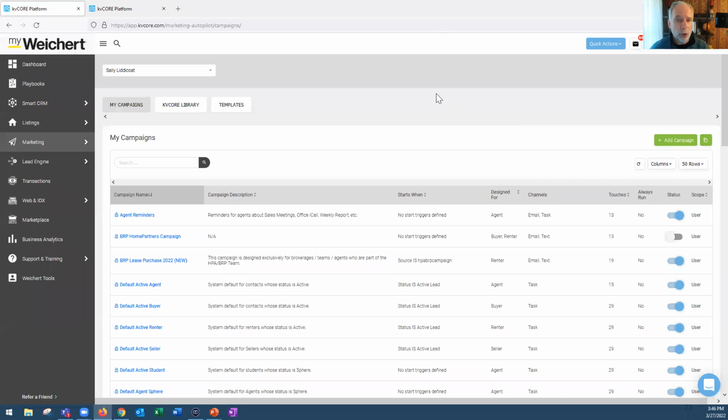So first thing we're going to do is log into the KvCore and look at the smart campaigns. As you can see, right near the top is the BRP lease purchase 2022 new campaign. We can see that it's active. It has 19 touches, a combination of email and text, and it's going to be triggered by the HPA BRP campaign source.